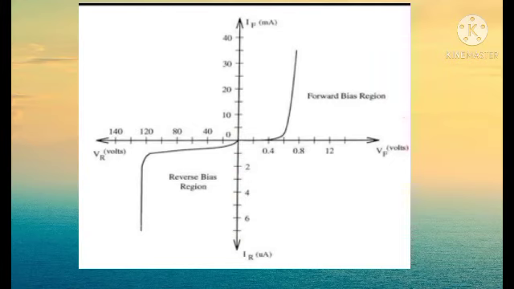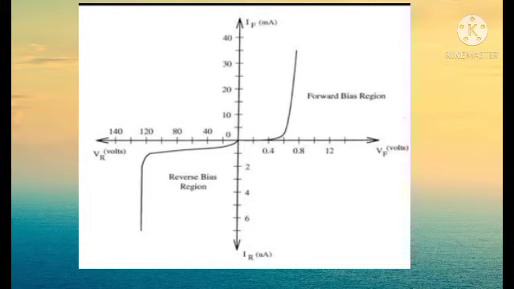The figure shows the forward and reverse characteristics of diode. It is a graphical representation of the characteristics. In this graph, we draw I versus V, that is current versus voltage. In forward characteristics of diode, for some time it acts as an insulator, so no current flows through the junction, and after some time the current starts flowing through the junction.